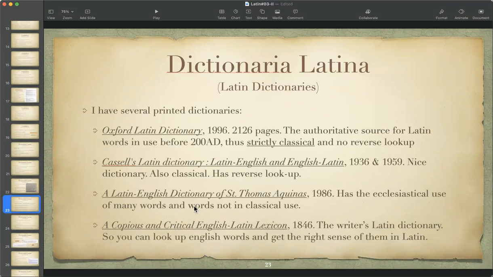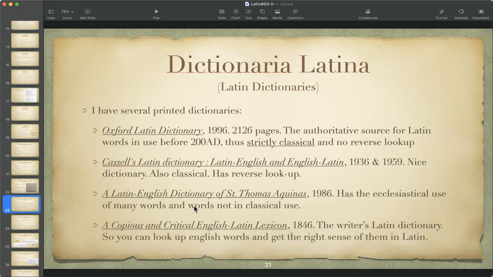I also have a Latin-English dictionary of St. Thomas Aquinas. This has all sorts of good words that Thomas Aquinas used. It has the ecclesiastical use of words that are not used classically. So there are a ton of words that are not in that. Let's see, river, flumina.